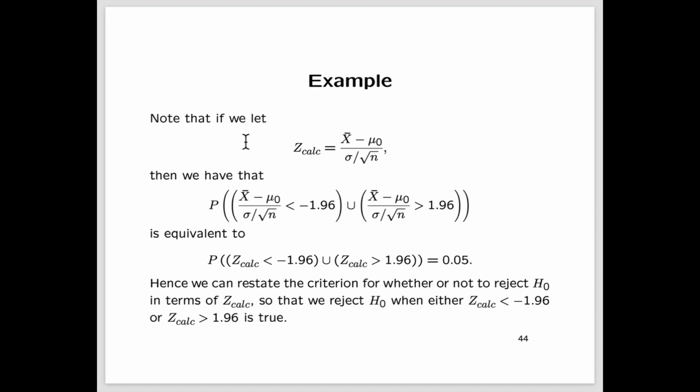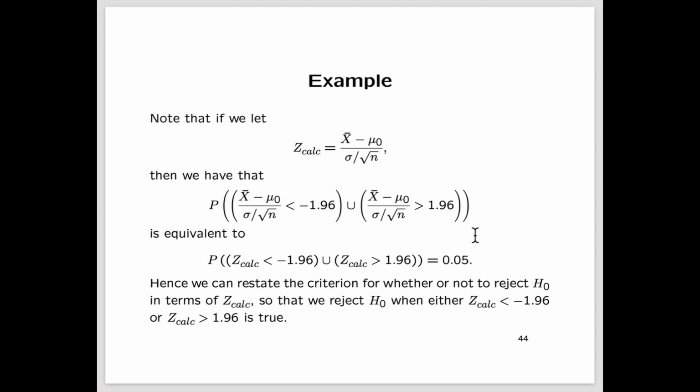If we let zcalc be equal to x bar minus the hypothesized value of the population mean divided by the standard error of x bar, then the probability statement we looked at previously is equivalent to the probability that zcalc is either less than negative 1.96 or greater than positive 1.96 being equal to 0.05.